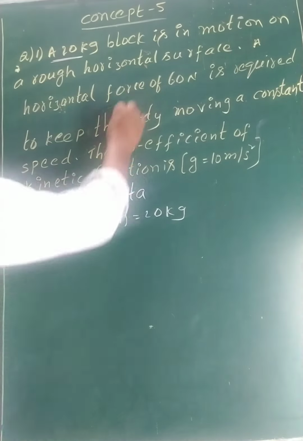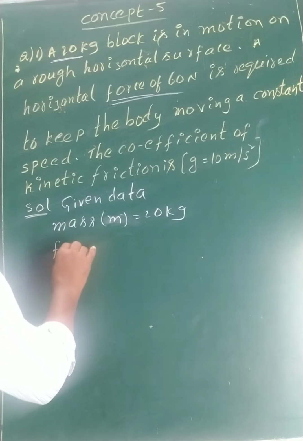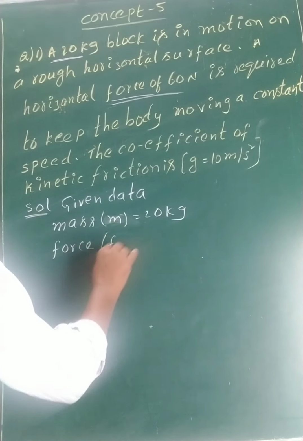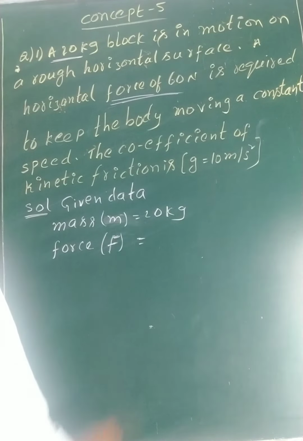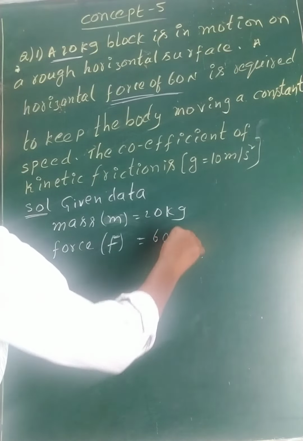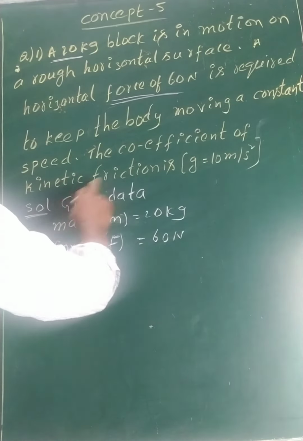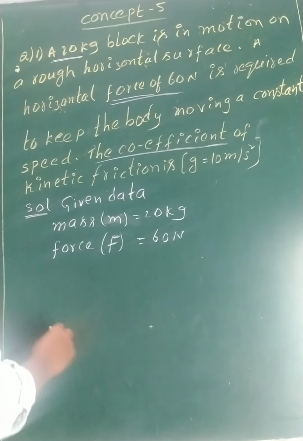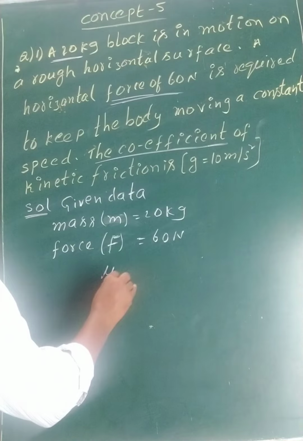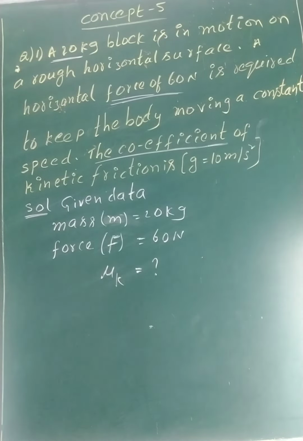Next, force is given: force F is equivalent to 60 newton, to keep the body moving at constant speed. Next, what we have to find here? The coefficient of kinetic friction. Mu k is question mark.